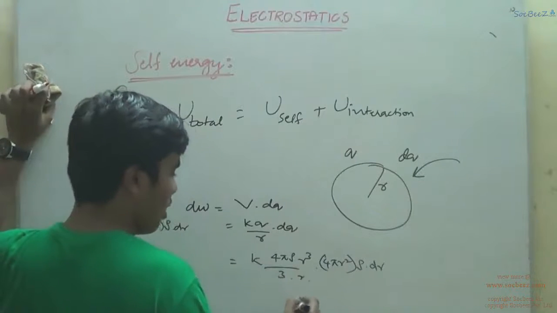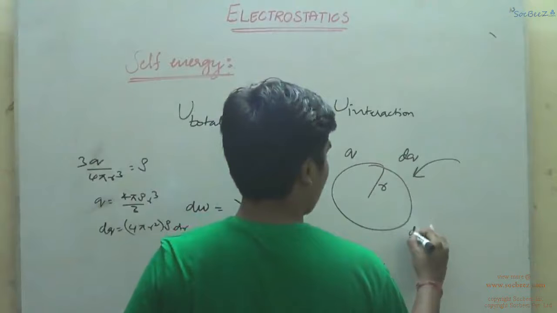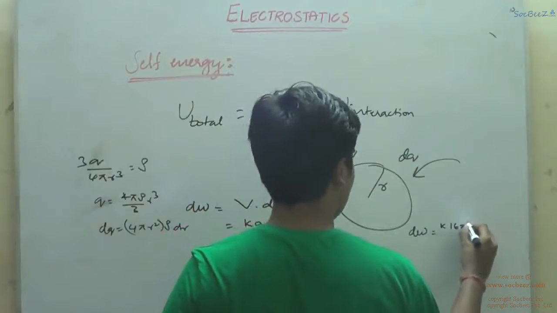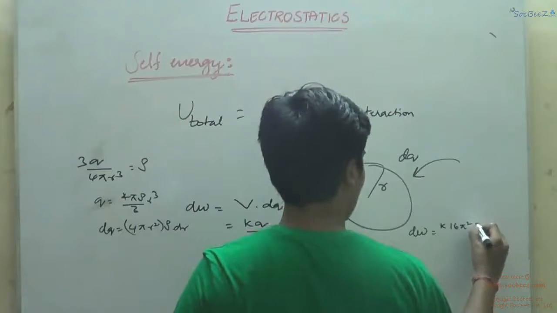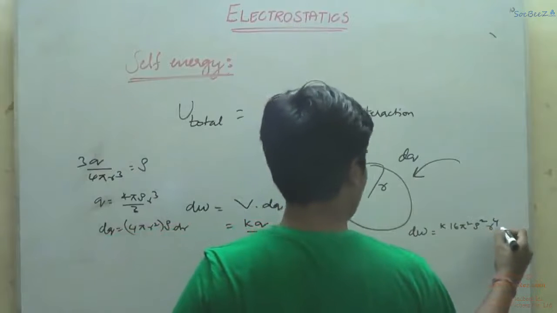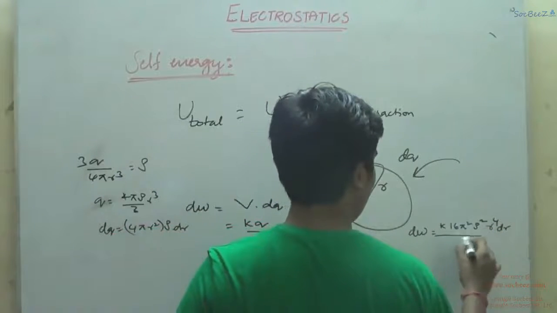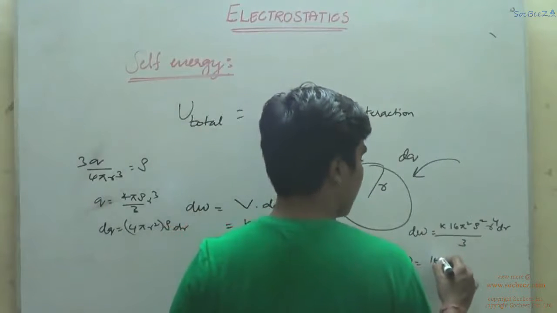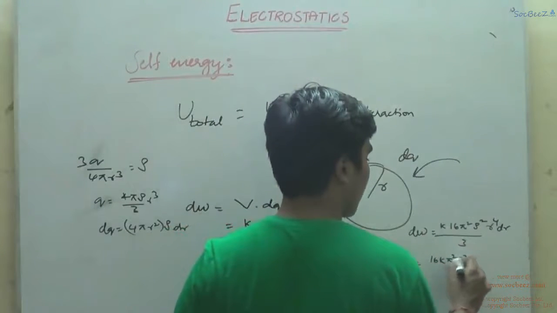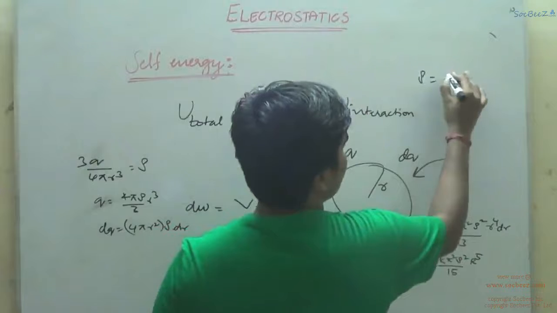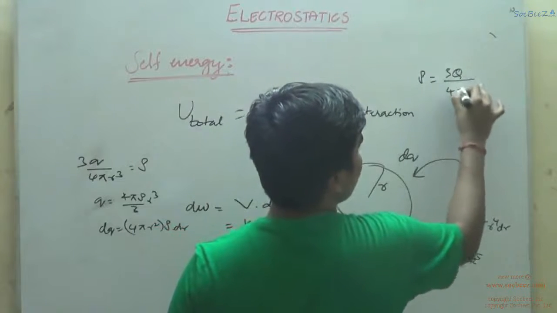So this is finally equal to k times 16 pi square rho square, this r and r get cancelled, r power 4 dr by 3. Now integrating it from 0 to r, we get 16k pi square rho square by 15 r power 5. Now what is rho? Rho is equal to Q by 4 by 3 pi r cube.